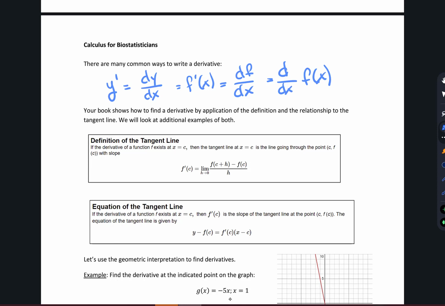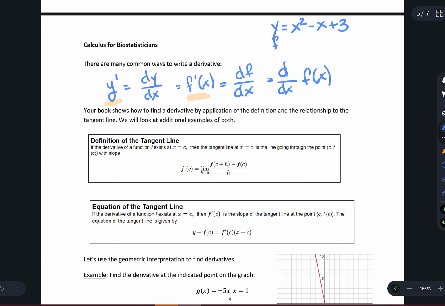But the important thing is, anytime you see a prime, so notice this one and this one have the prime notation, what they are representing is the dependent portion of the expression. Just for example, so that we have a concrete example, I could write that y is equal to x squared minus x plus 3.